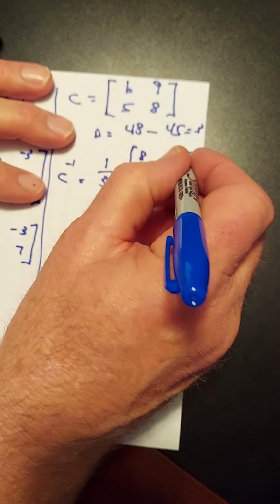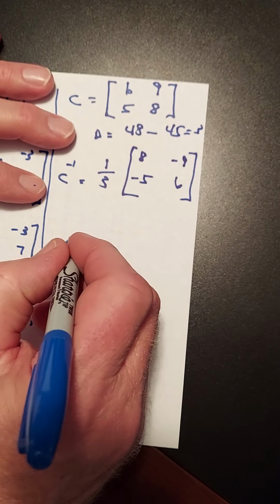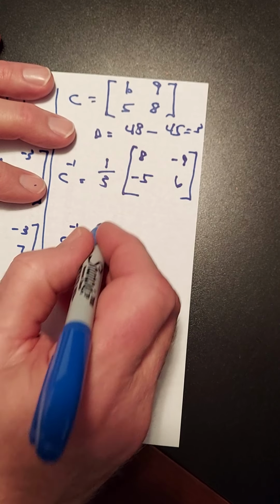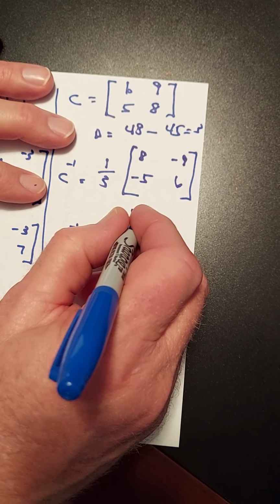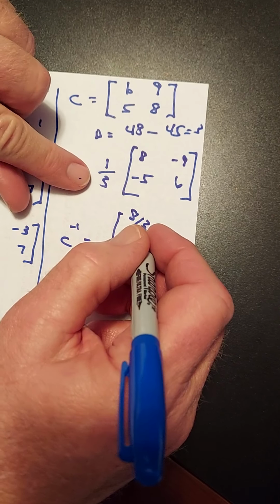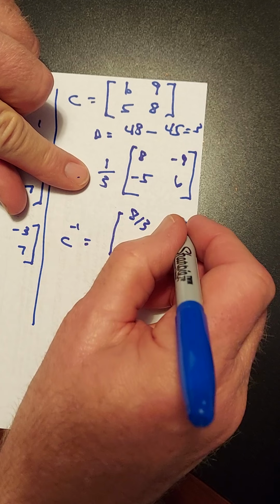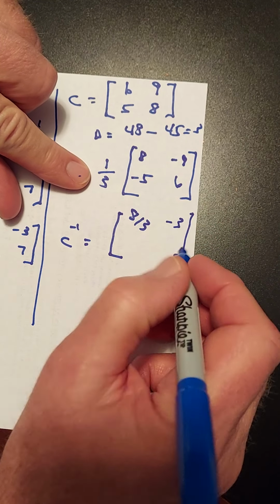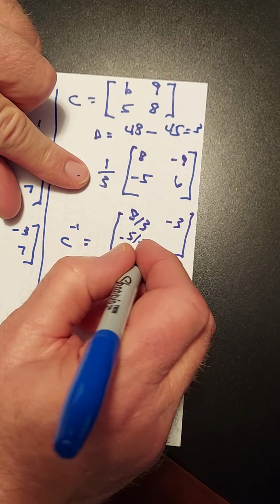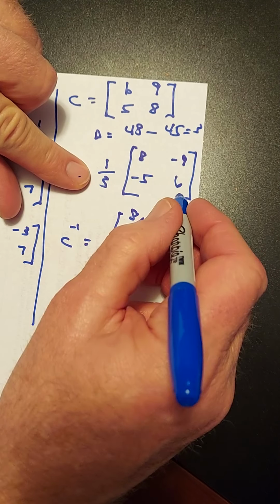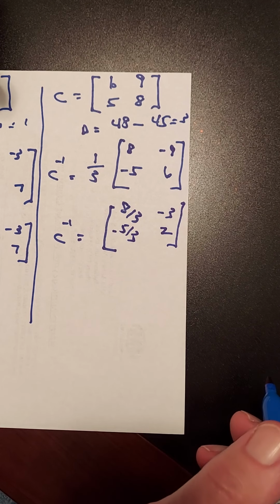The opposite of 9 is negative 9, and the opposite of 5 is negative 5. So my inverse becomes 1/3 times 8, that's 8 over 3. And then 1/3 times negative 9 is negative 3. 1/3 times negative 5 is negative 5/3. And 1/3 times 6 is going to be 2, and that would be the inverse.